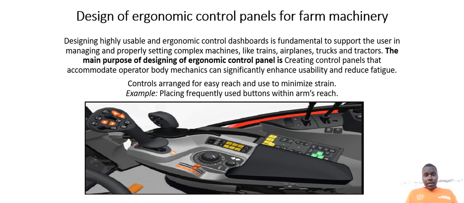Example, frequently pressed buttons within arm reach. Here there is a picture of our control panel that helps the operator see the temperature in their tractor and other things that may not be good on the tractor.